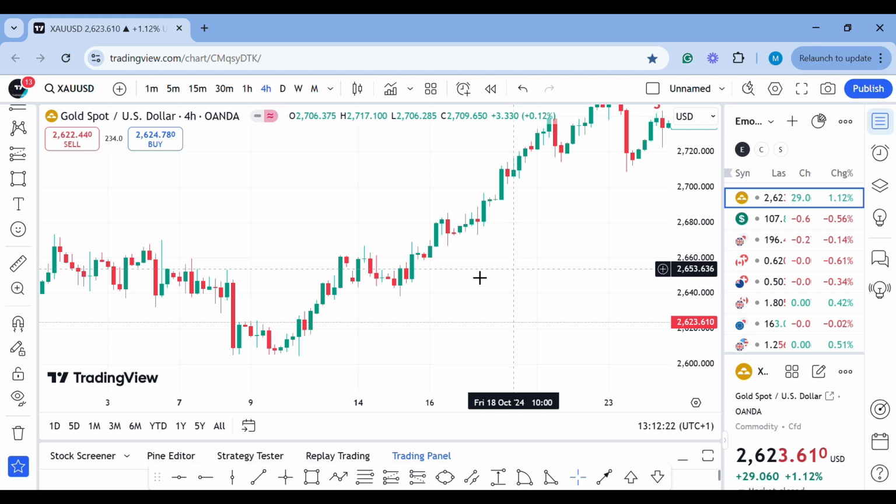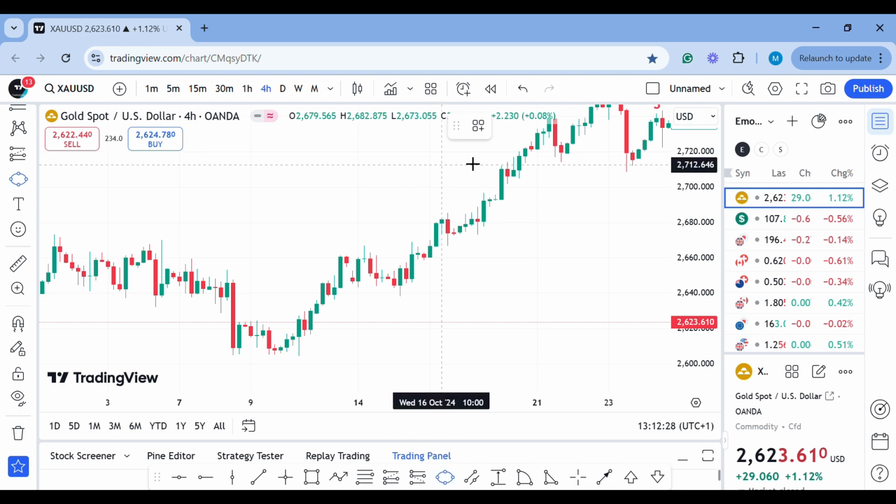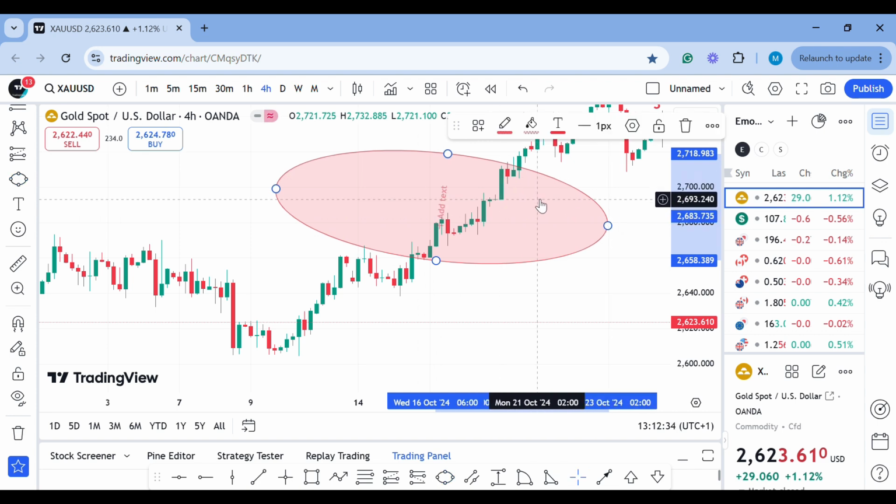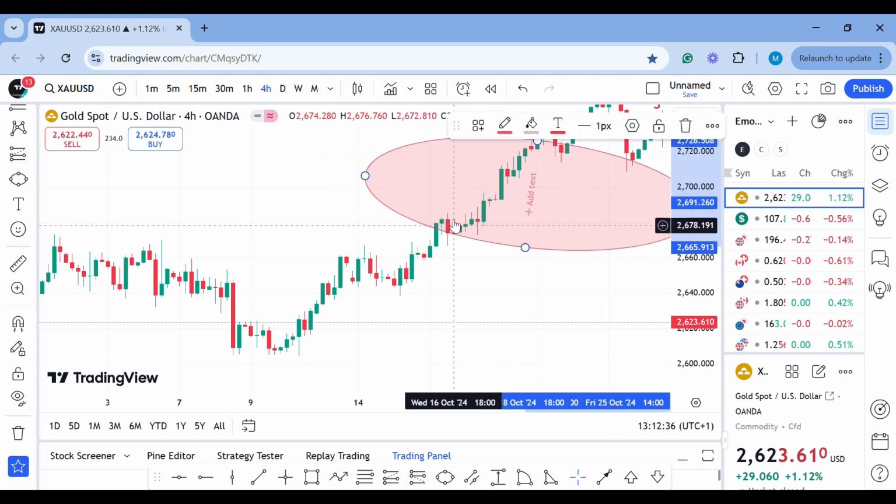Okay, where are we? Now, if you've plotted your zone here, if for example this whole part, from this point to this point, is yet to be formed, and now you mark out your zone here.